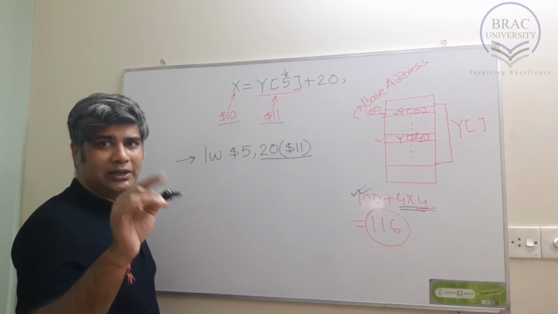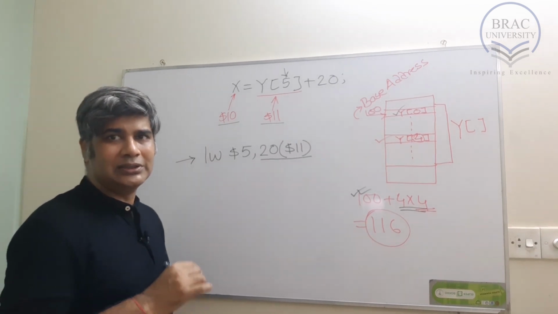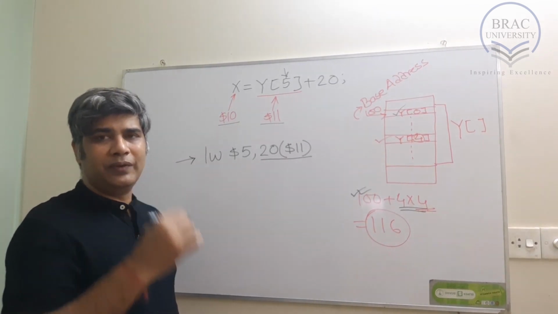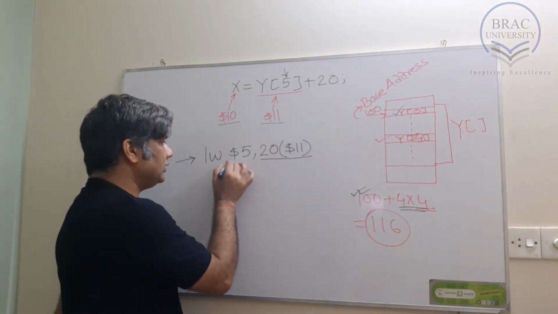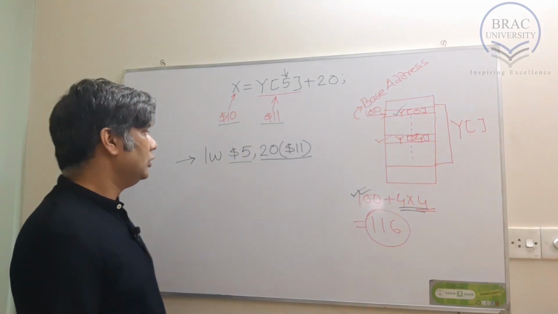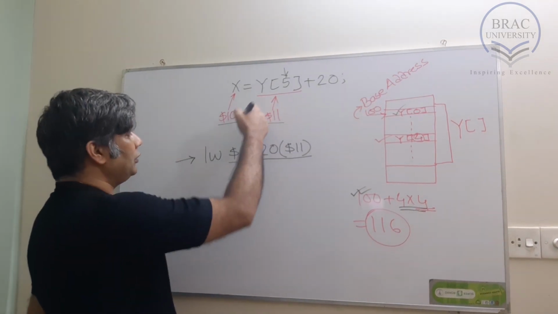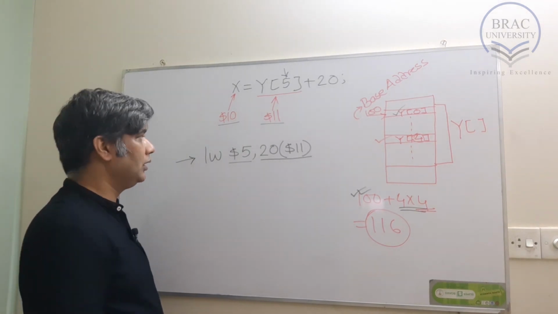Once it gets the target memory address, it goes to that memory address and brings the value stored at that memory address to the destination register, which in this case is 5. So now we have the value of Y5 in register 5.